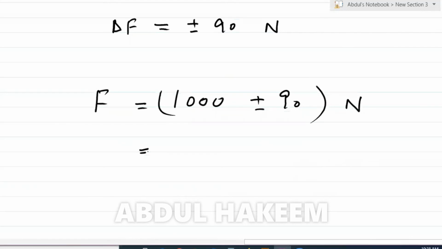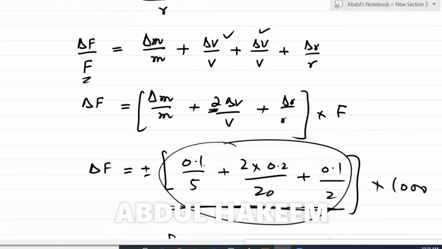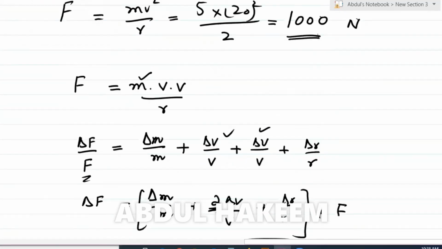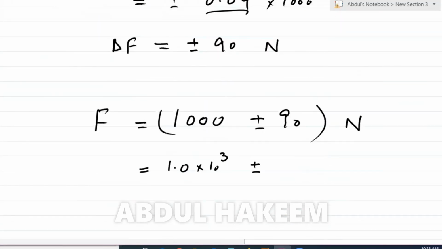So we will write this 1000 in 2 significant figures. So can I write it 1.0 into 10 power 3 plus minus? We have to write this error according to the significant figure of the error. So this is 1, this is 1, this is 1. So we have to write it in significant figure 1. So this is already 1.